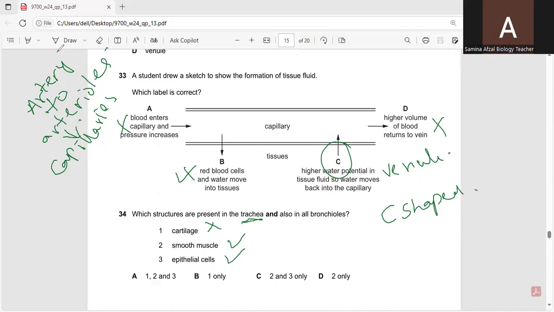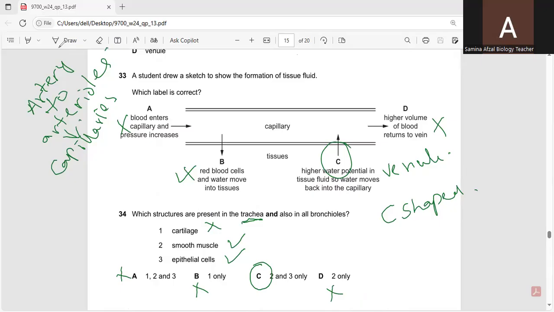So 2 and 3, smooth muscles and epithelial cells, are those which are present in both. So according to this, C is the correct option. A, B, and D are not present over there.